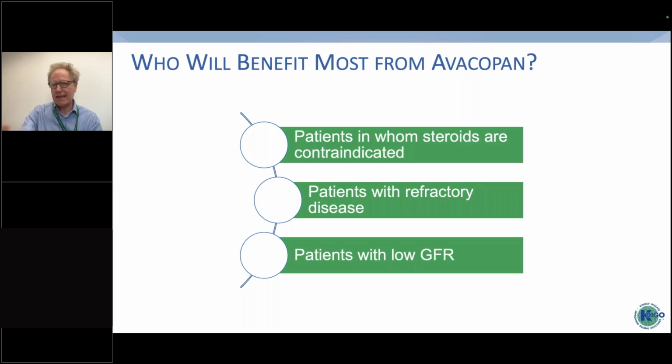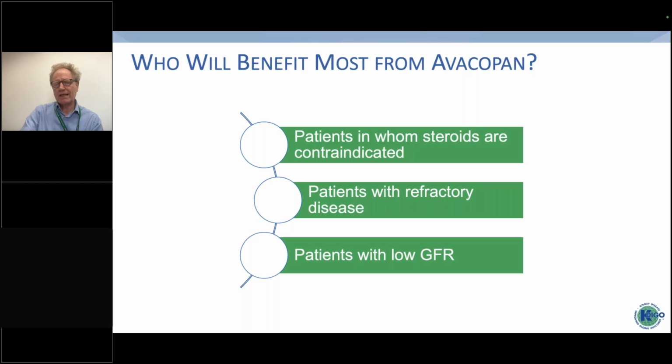Well, I think this is a moving target, but when avacopan was first introduced, the patient groups that we considered were patients in whom steroids are contraindicated, patients with refractory disease that typically already have a very high steroid burden, and patients with a low GFR, reflecting the possibility that you can get better GFR recovery with avacopan.